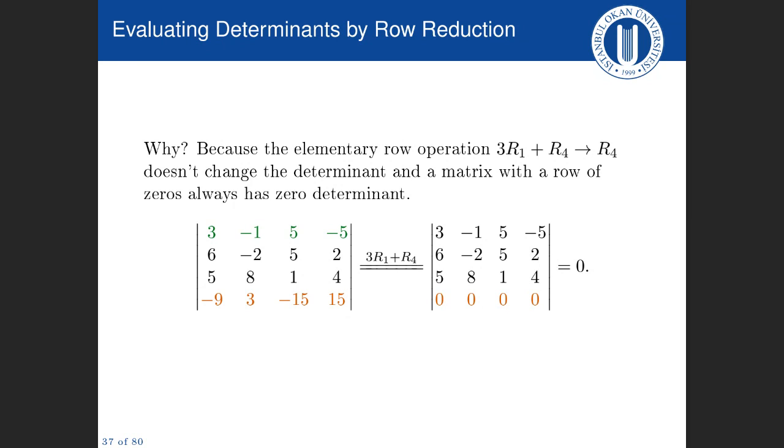So for this 4 by 4 matrix, if we do this row operation, the determinant doesn't change, and we end up with a matrix where row 4 is 0, 0, 0, 0. That's why if we ever have one row is a multiple of another row, or one column is a multiple of another column, then the determinant is always equal to 0.